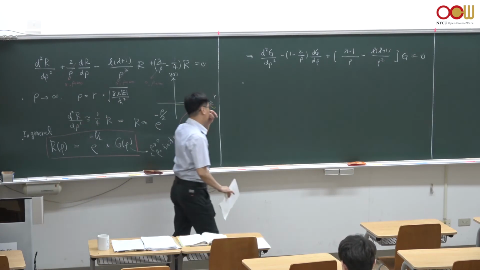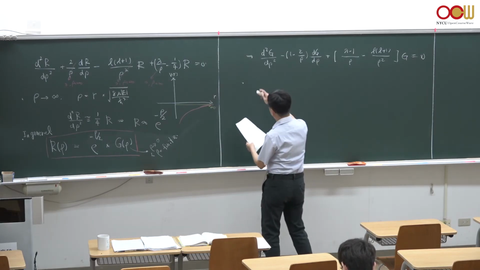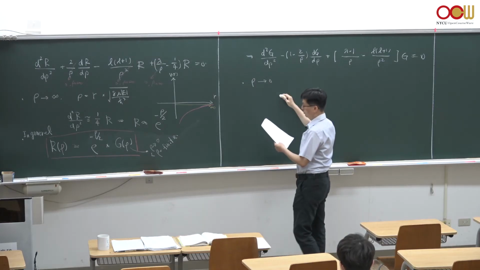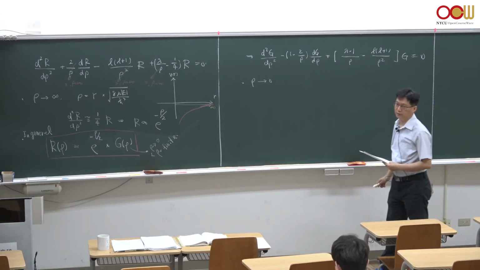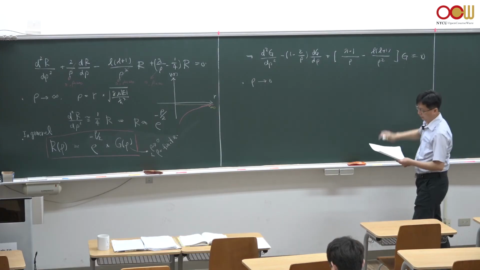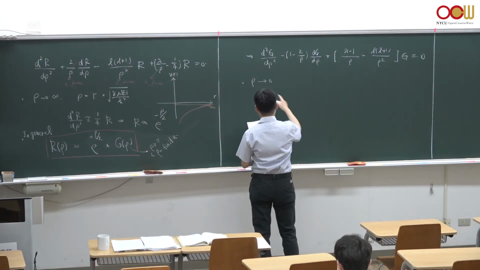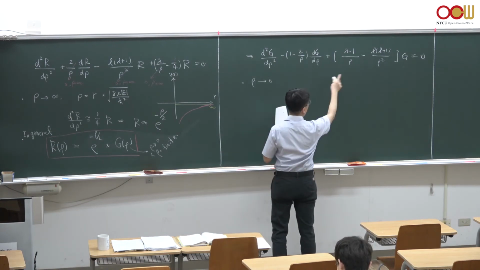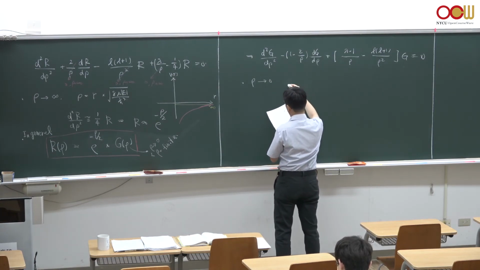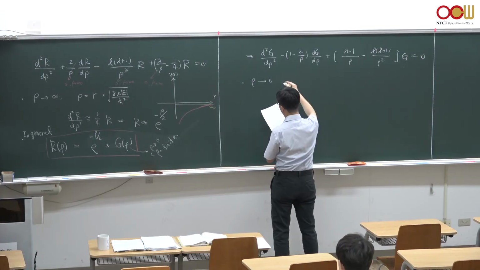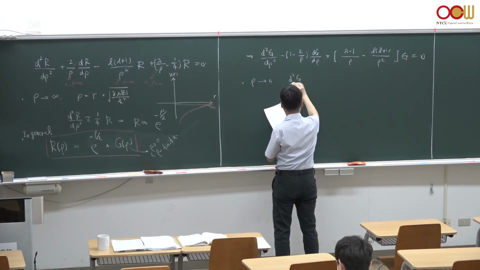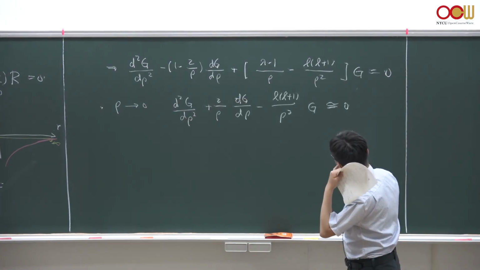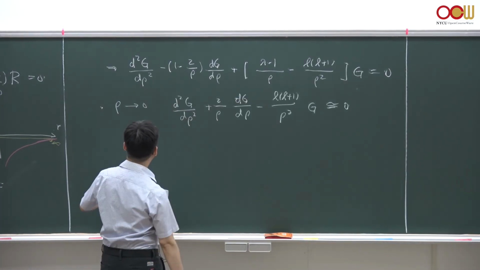So let's simplify this differential equation when rho approaches 0. You'll find that this again could greatly simplify the equation. In this rho goes to 0 limit, you could get rid of other, less important terms. You keep only the leading terms, the most important ones.